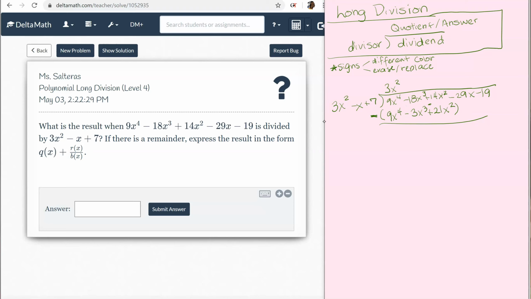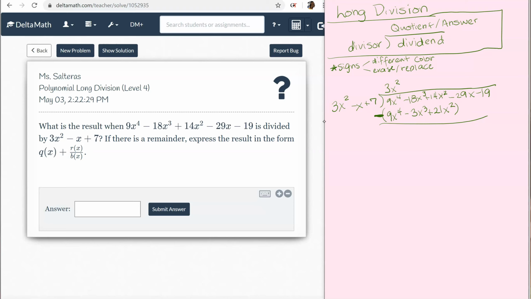All right, my method, because I can't do different colors on here, is going to be the erase and replace part. So I'm just going to put the signs of what it really should be. So this is going to be a negative 9. I'm not even going to add anything. I'm just going to incorporate this negative, and I'm just going to make it bigger.